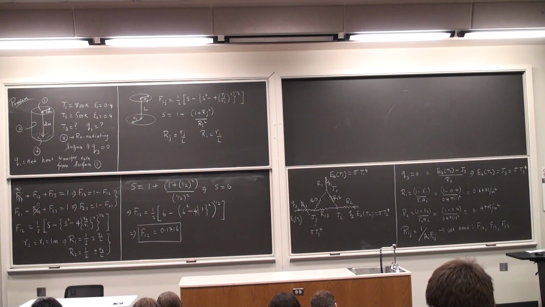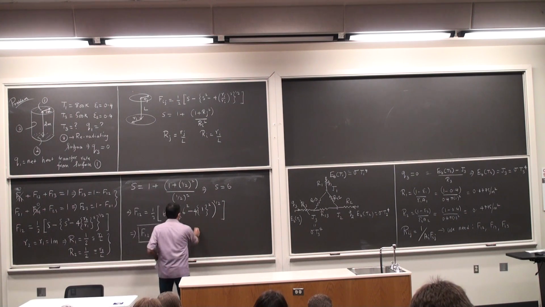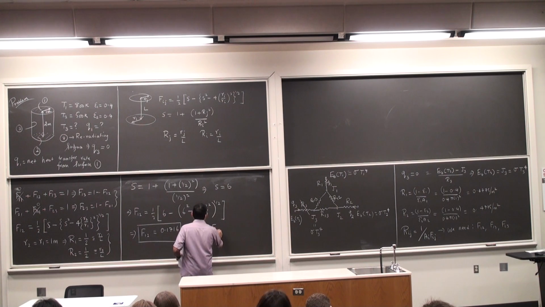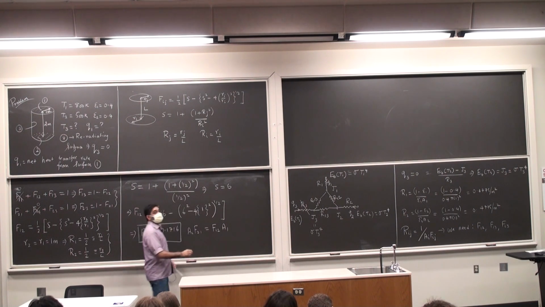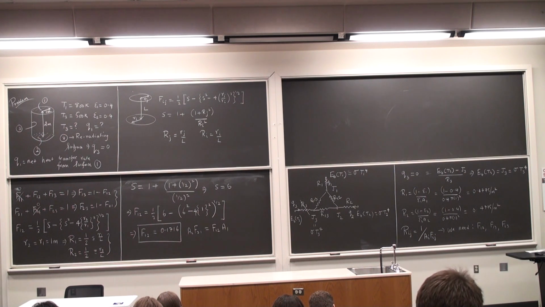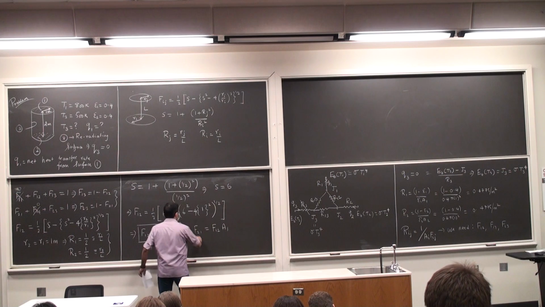I realize these are boring details, but I want to do justice to this problem by calculating each one of them. Okay? F21 times A2 is F12 times A1 by reciprocity. A1 and A2 are the same because they have the same radius, so good news.